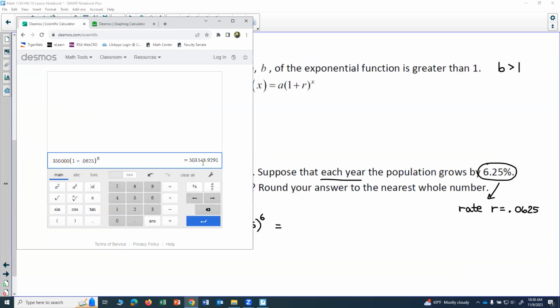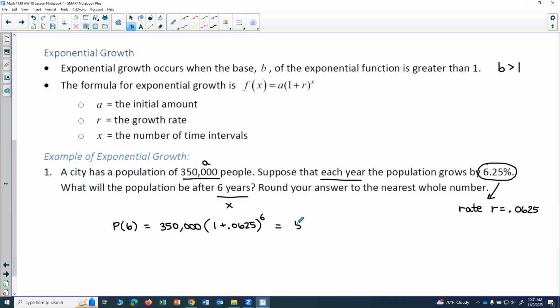It says round to the nearest whole number, and the digit after the decimal is an 8, so I would round that up. So 503,549 people.